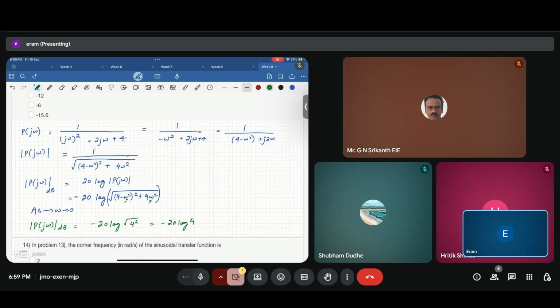And 4 is nothing but square of 2, so 2 we can take out, so it will be minus 40 log 2, and we know the value of 20 log 2 is 6, so it is nothing but minus 2 into 20 log 2. Okay, and 20 log 2 is 6. So what is the final answer?